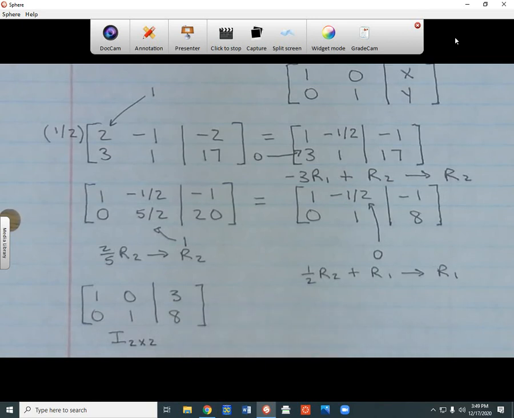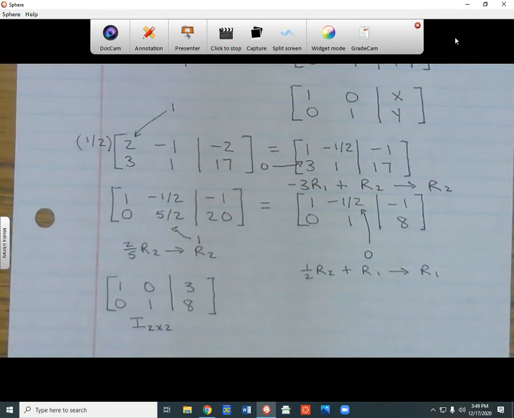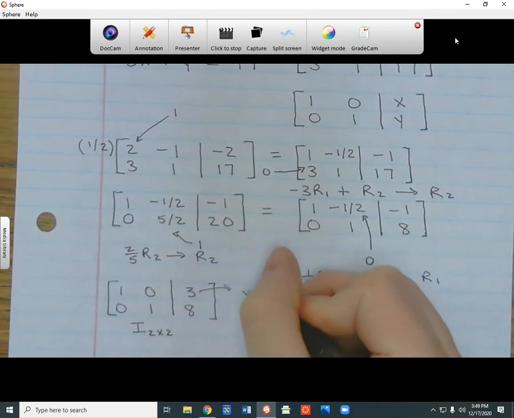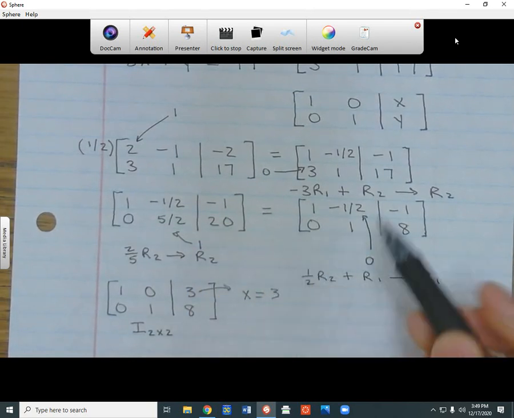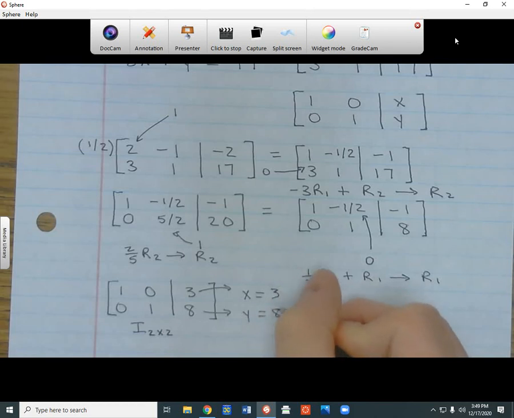Well, x is going to be the first number. So this 3 is going to give me my x. So x is 3. And then the y down here is going to be 8. So y has to be 8. So now I know what x and y are. I can write my answer as an ordered pair, (3, 8).